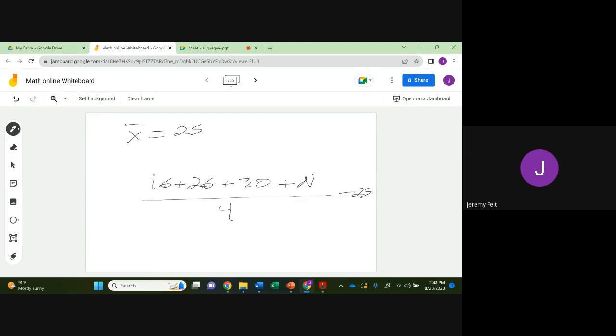Okay, so we set up an equation. We know these 4 numbers, the total, divided by 4 has to equal 25. We multiply both sides by 4, 25 times 4. So we're left with 16 plus 26 plus 30 plus the number equals 100.